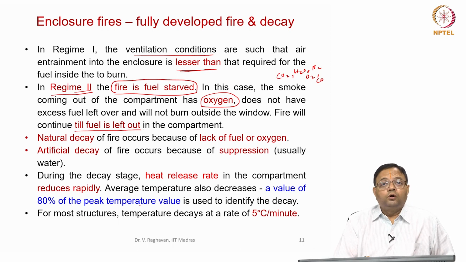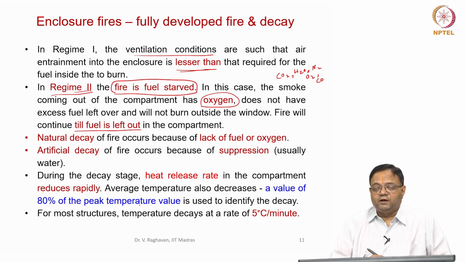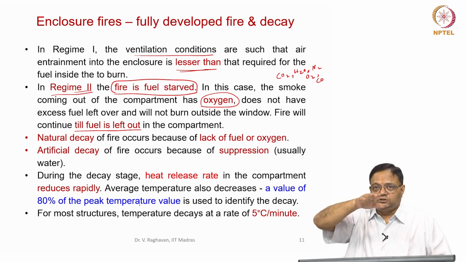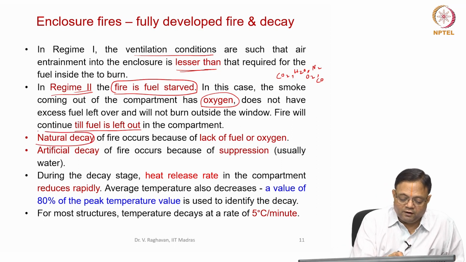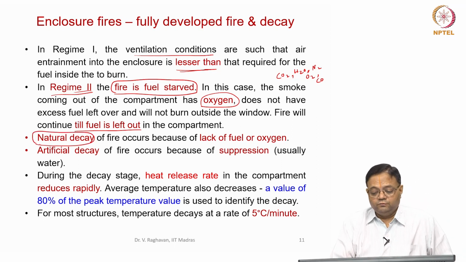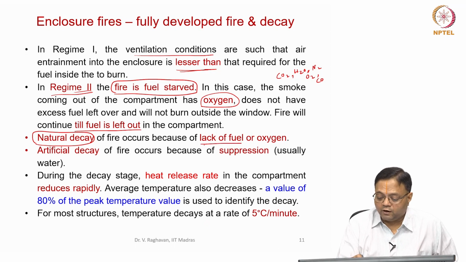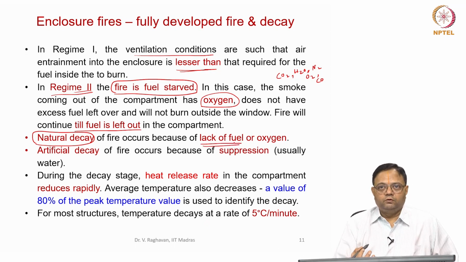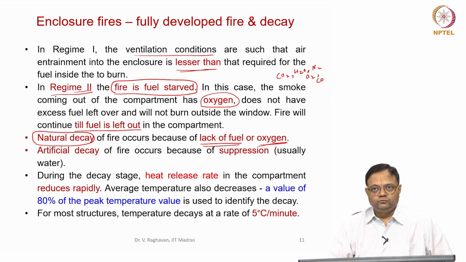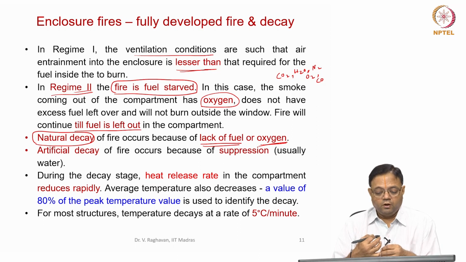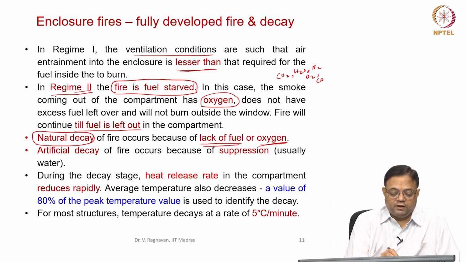Now, in both the conditions, you will see that after reaching the fully developed, constant stage, the heat release decays. The natural decay of the fire occurs due to lack of fuel, that is, fuel availability is less, or lack of oxygen. When oxygen cannot entrain more, the decay will occur. What is artificial decay?